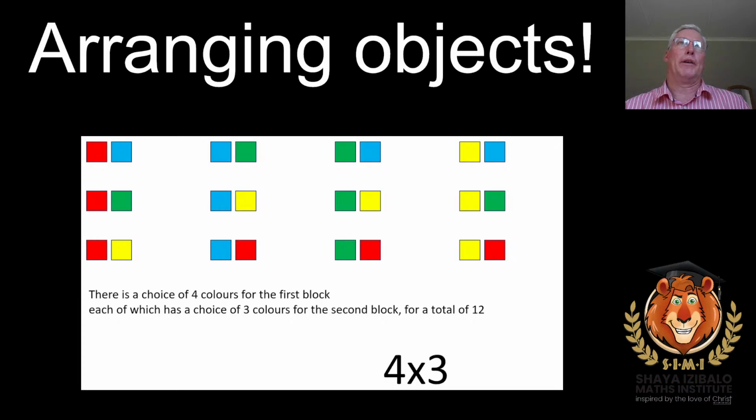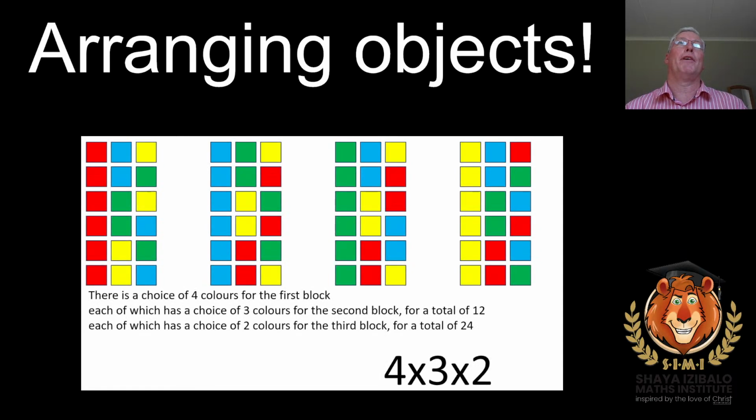Now, if you look at the top left, we've got red, blue, green, and yellow. So now I've got a choice of either blue or green in the top left row. I've got a choice of 2, and if I put those choices of 2 in, you'll see I've now got red, blue, yellow, and also red, blue, green. So it doubled up, because it went from 4 times 3 times 2.